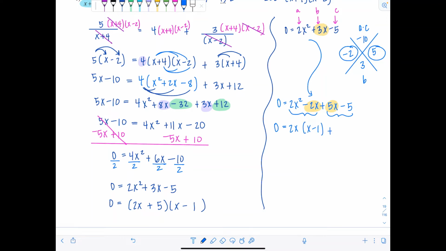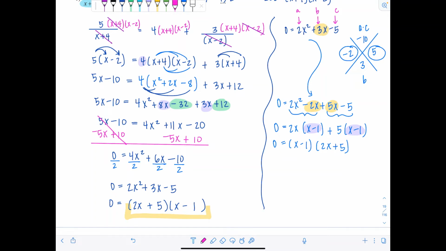And then from 5x minus 5, I can take out a 5, and I have x minus 1 left. And then as long as you did everything right, this will always work out where you have a common factor here that you can take out now. So we have x minus 1 times 2x plus 5, which is what I got when I did guess and check. Okay, it's strategic guess and check though. If you need a review on how to do this whole AC method and splitting the middle term, I'll link a video here all on factoring.